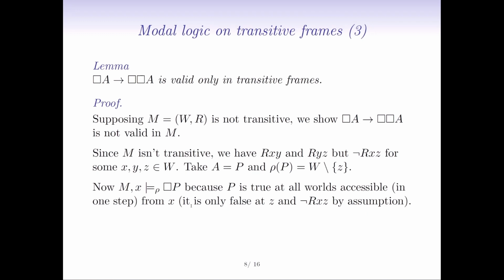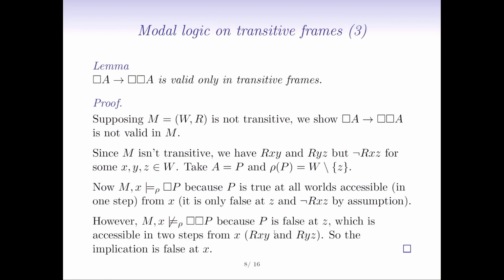But P is true everywhere else, and that means that box P must be true at X. No matter where you can get to from X in 1 step, it can't include Z, and therefore, by definition of the valuation of P, P must be true at all those worlds.